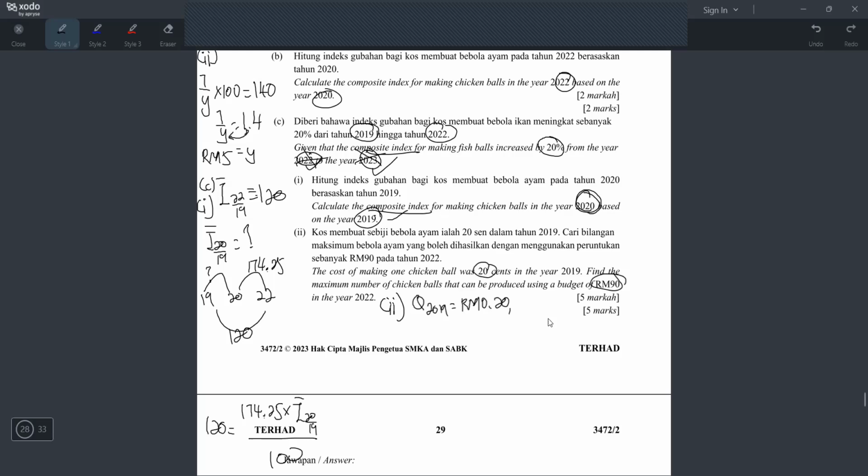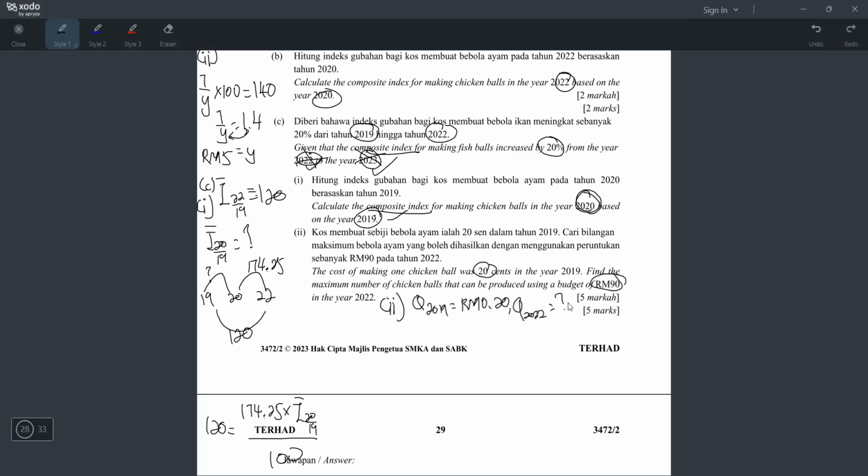I think first I have to find the cost in 2022, right? After I find the cost in 2022, then only I can find the number of chicken balls, right? Betul lah. Because the number will be the budget divided by 20 cents, right?